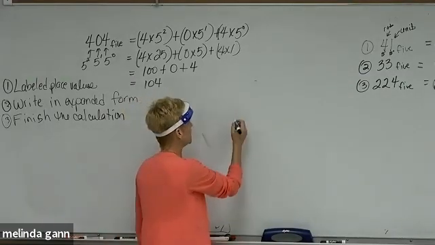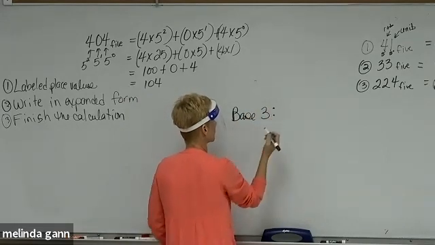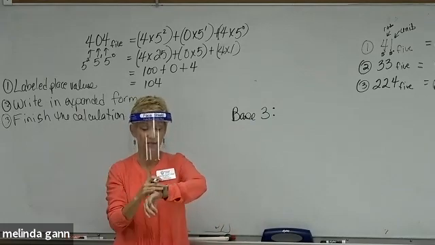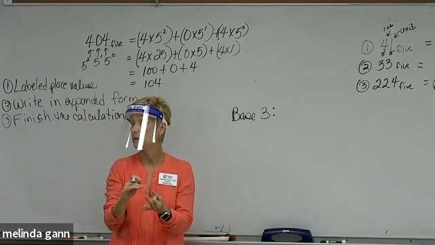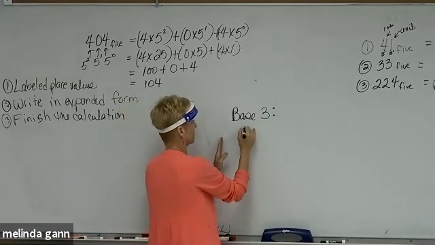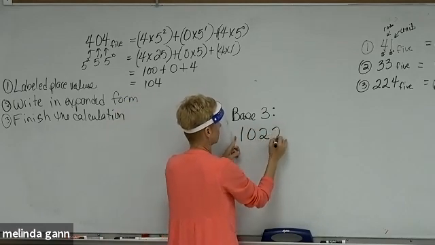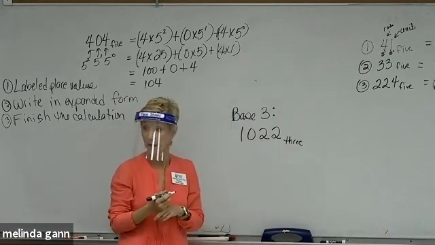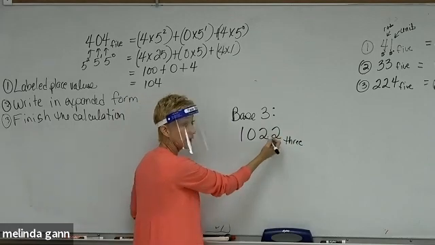What if I gave you a number in base 3? Now, if I'm doing base 3, what are the only face values that I'm allowed? 1 and 2, and don't forget what? And 0. Now, if you're in base 3, these are still your units, right?